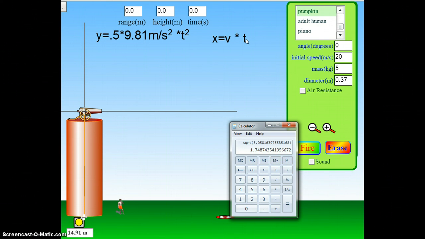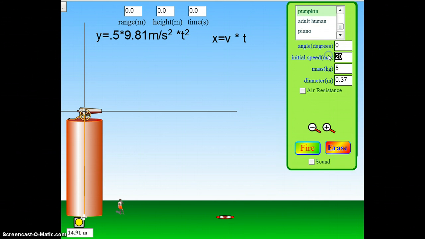Now, 1.75 seconds here equals 20 meters over here with the v in the middle. We need to divide that time over, so 20 divided by 1.75, and our predicted velocity should be 11.42.